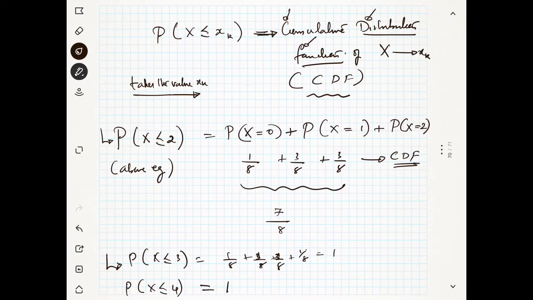Whatever you consider after 3 has probability 0, because there is nothing like that in the sample space. So, 1 plus 0 is always 1.